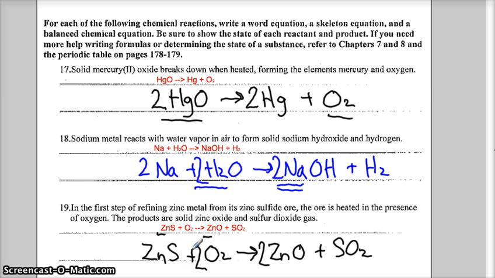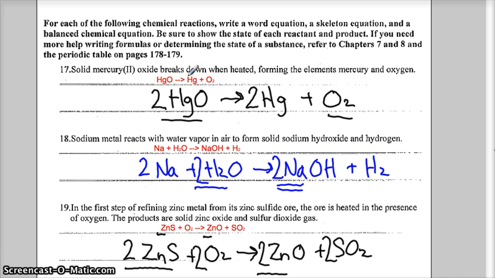That balances my oxygens. Now we have to look at this on the right here. Now we have 2 zinc, so I need to put a 2 here as well. And that affects the sulfur on the left-hand side, meaning we have to put a 2 on this side.